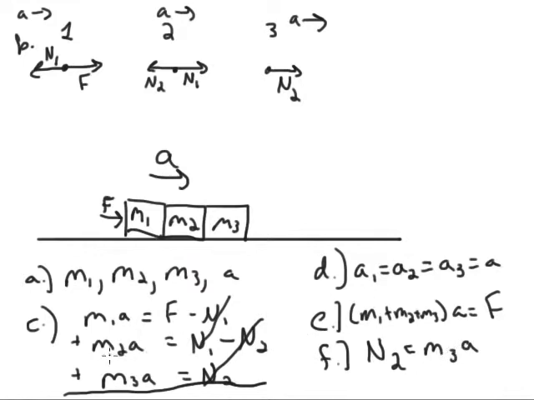So now we have to find what N1 was. So we'll just clear everything up. We will start by saying that M2A is equal to N1 minus N2.